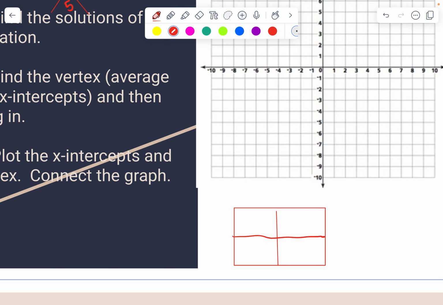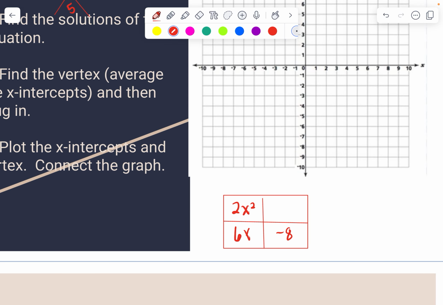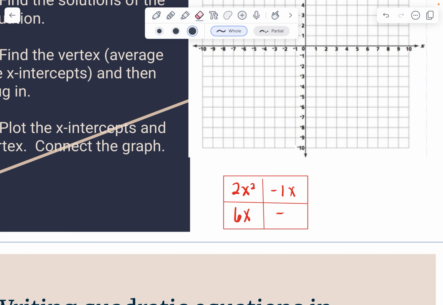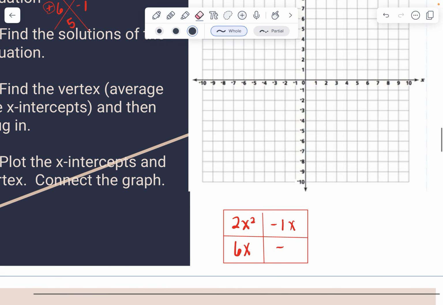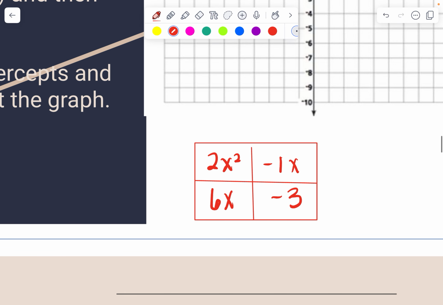We have 2x squared, negative 8. And then from our x, we have a positive 6x and a negative 1x. Oops, sorry, this isn't negative 8. This is negative 3. There we go. And then we find the GCF of each row and each column.